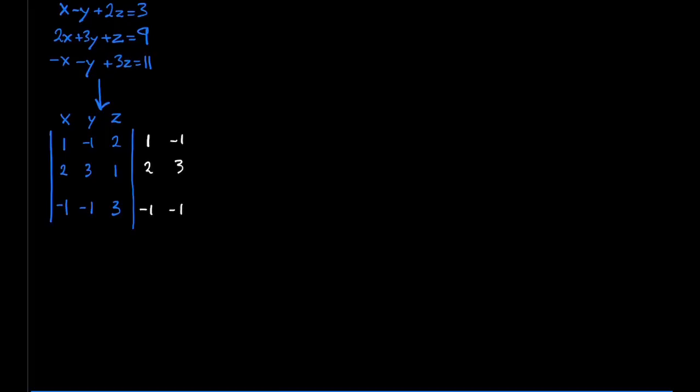And now you can set it up like this, down, plus down, plus down, minus up, minus up, minus up, like that. So you start up here, where the 1 is, and you go down diagonally that way.